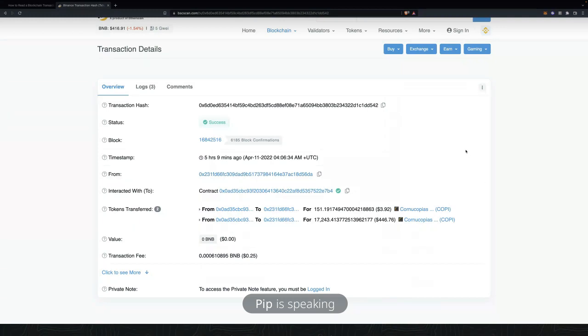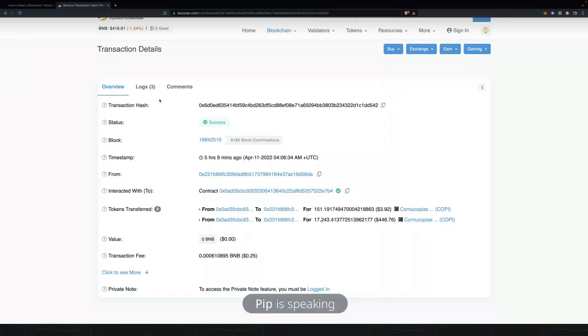Again, go back to traditional finance, for example. If you send money overseas, or if you have used MoneyGram to send money to your country, they give you a transaction ID, a transaction number. This will be the same thing on the blockchain.